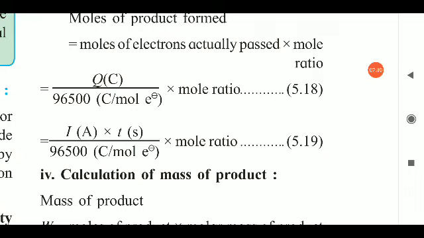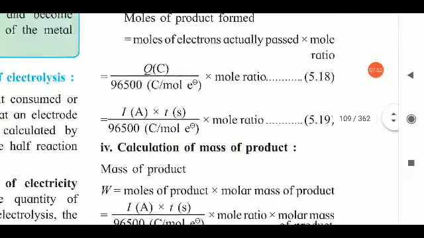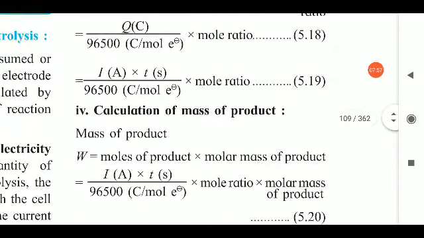By substituting its values, we can also reconstruct that equation as I into T divided by 96500 into mole ratio. And this equation 5.19 is the final equation by which we can calculate the moles of product formed.